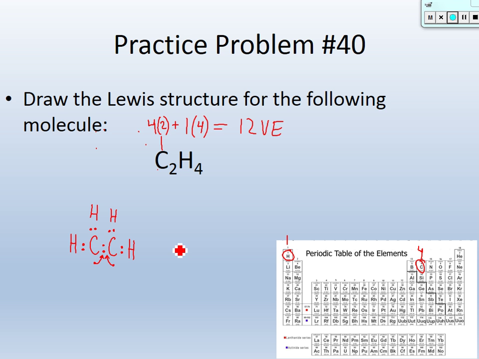So let's redraw that. So what it's going to look like with 2 shared pairs will look like that. And then I've got my hydrogen on the left, on the top here, and on the top here, and on the right. Okay? So all I did was move these single electrons up and shared them again. And so now we have 2 shared pairs here.